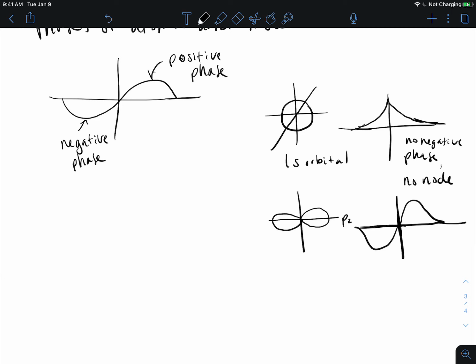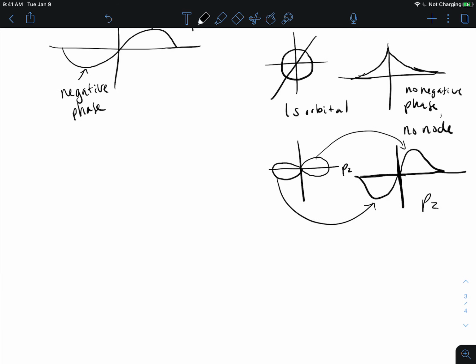So that would equate to that, and that would equate to that. Our different lobes are in different phases, so our lobes are going to have alternating negative and positive phases.